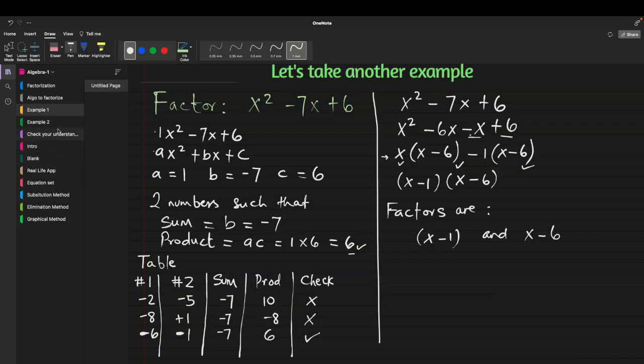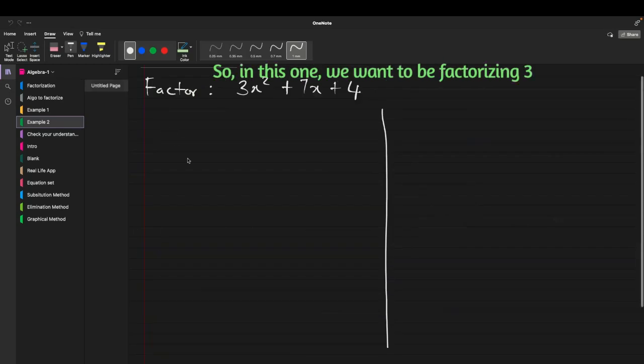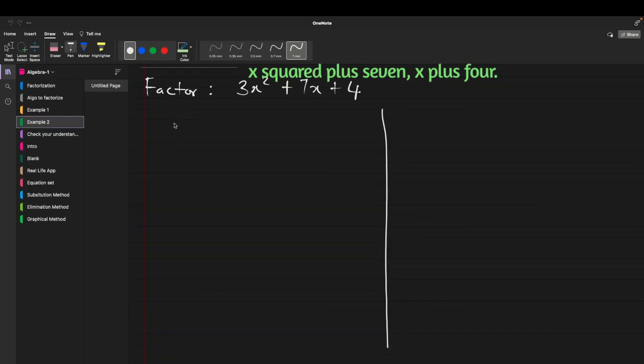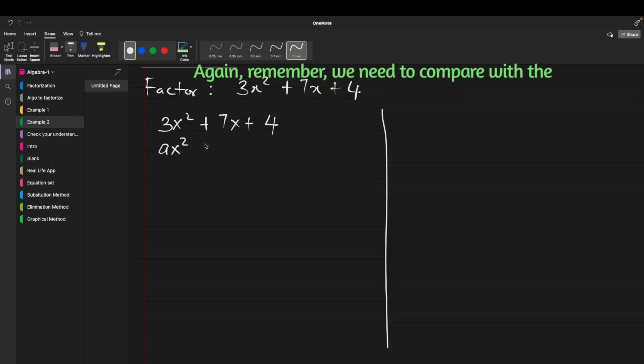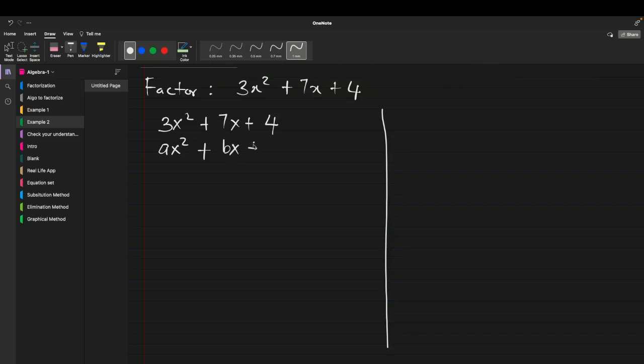Let's take another example to provide further clarification. In this one, we want to be factorizing 3x squared plus 7x plus 4. Again, remember, we need to compare with the general trinomial equation that was previously provided.